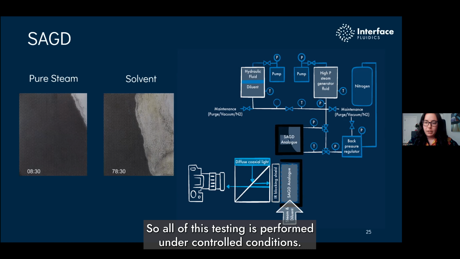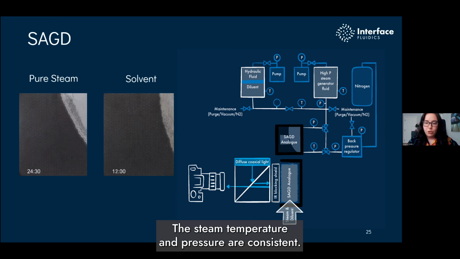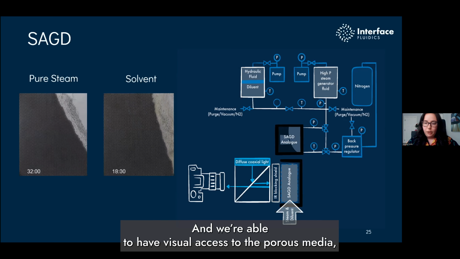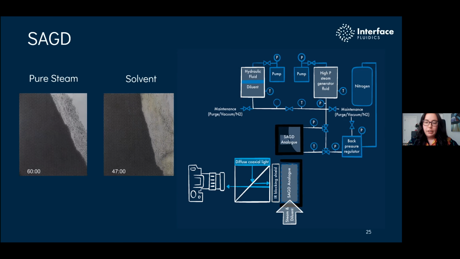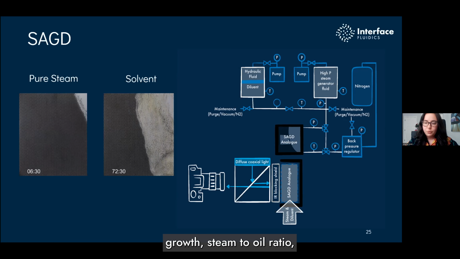All of this testing is performed under controlled conditions. The steam temperature and pressure is consistent, and we're able to have visual access to the porous media, which enables us to identify different things like asphaltene deposition, steam chamber growth, and steam to oil ratio.